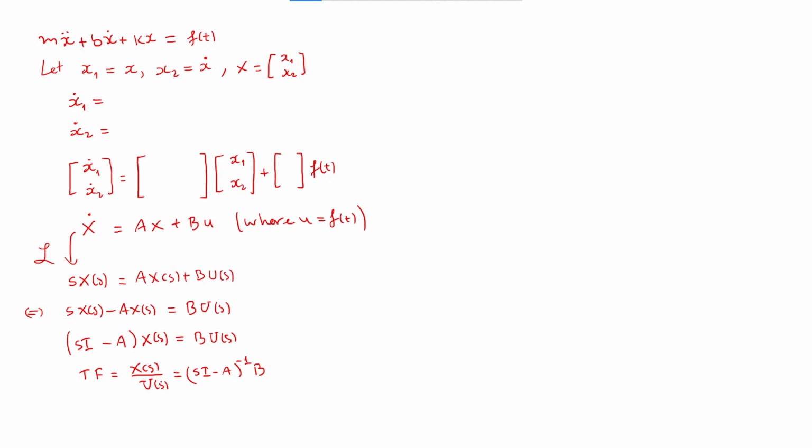Here h is the state, where we have h1 and h2. Actually, we should introduce the output equation, right? Output equation: y equal to what?